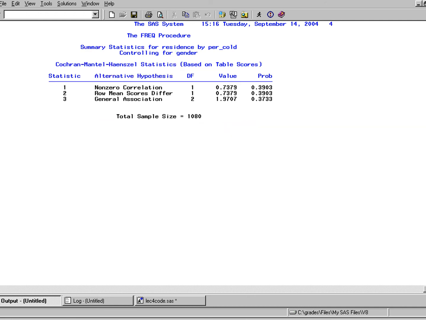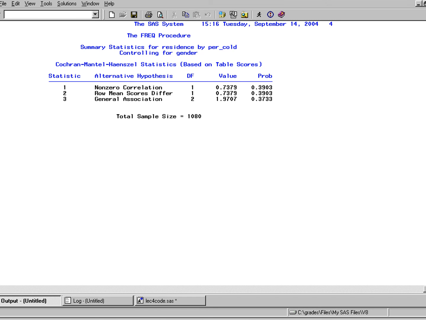And so here are our overall test statistics. Notice it says on top, controlling for gender. It's reminding us that these test statistics are controlling for that stratifying variable. So there's our row mean scores test. It has 1 degree of freedom, because we have 2 rows, and 2 minus 1 is 1. We have a large p-value, 0.3903.